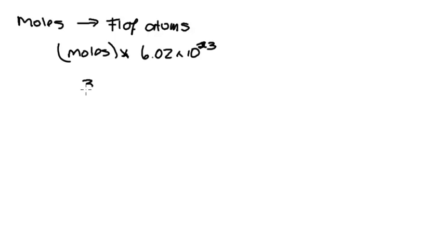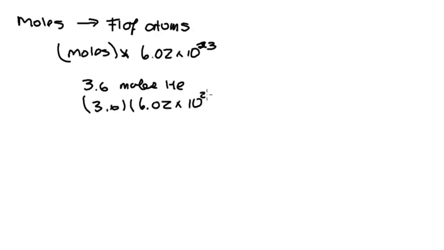So if I have 3.6 moles of helium, then I have 3.6 times 6.02 times 10 to the 23 helium atoms.